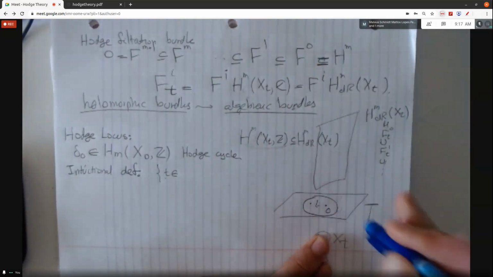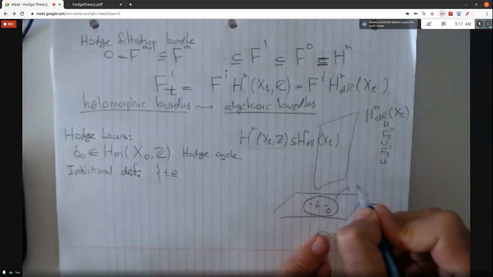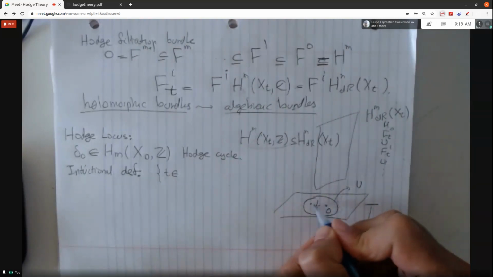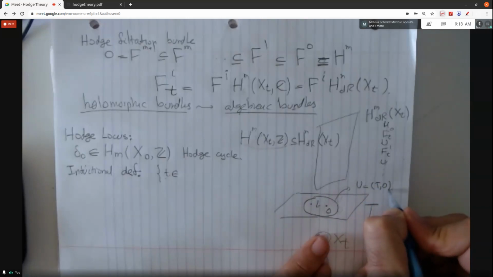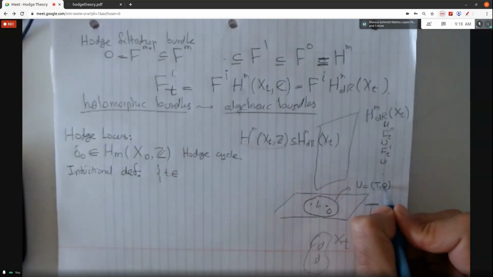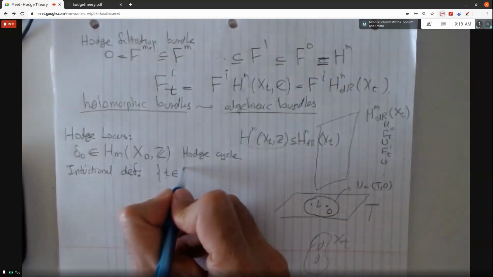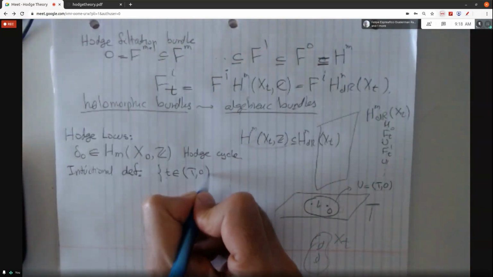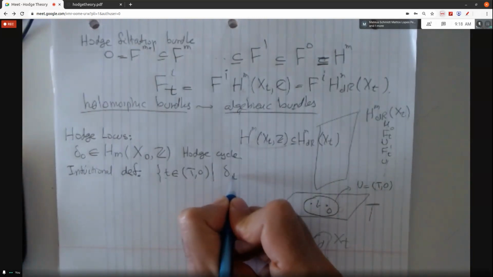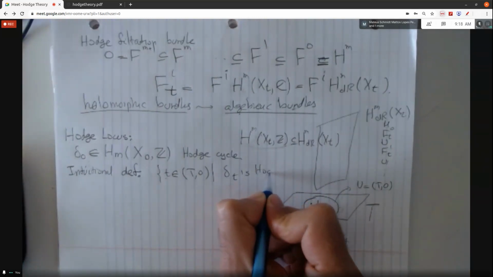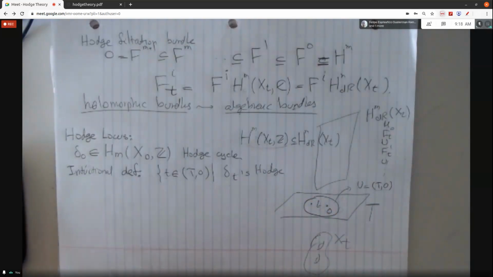It will be a local object. So at the end, you take a small neighborhood of 0 in T, and I will also use this notation T_0. This means a small neighborhood of 0 in T. So it will be the set of all t in T_0 such that delta_t is Hodge.